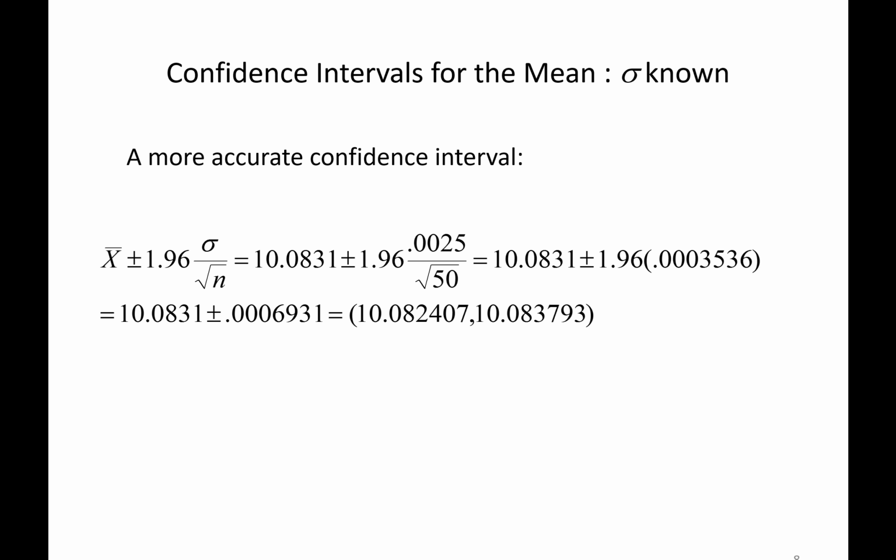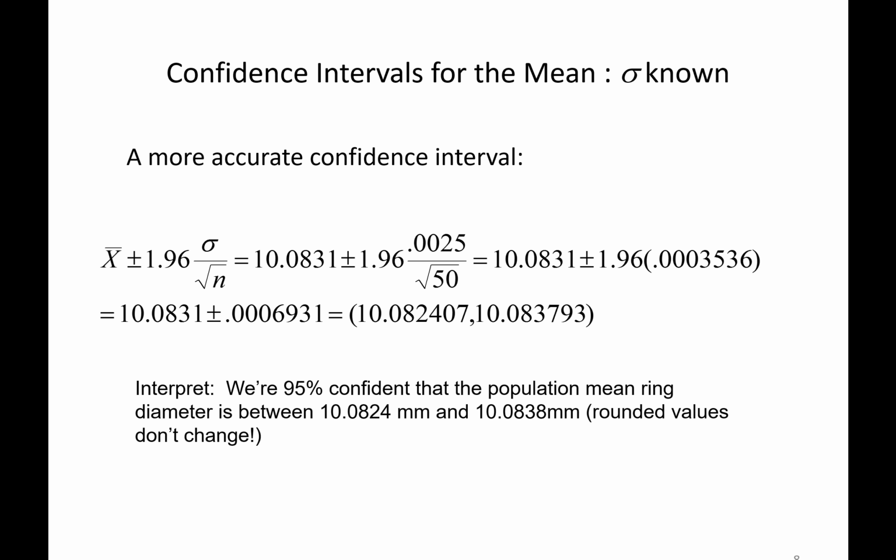And so we get 10.082407 and 10.083793, which are not that different from the rounded values that we found by using the empirical rule. And here those values are to more than 3 or 4 decimal places. So you can see how close this is.